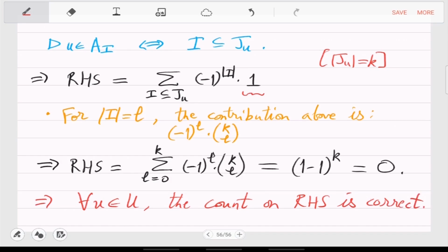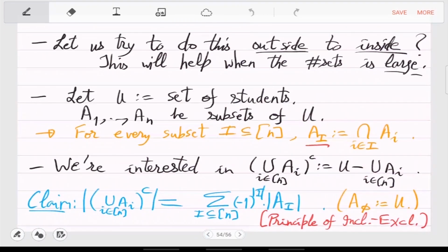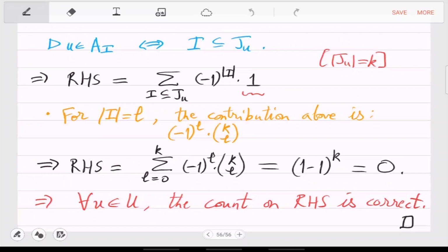Okay, and when that happens, then we can say that the claim, the left hand side, what we wanted, has been exactly computed. Is it clear? Yeah, so there are other proofs of this principle of inclusion-exclusion that you can try, but this seems to be the simplest.